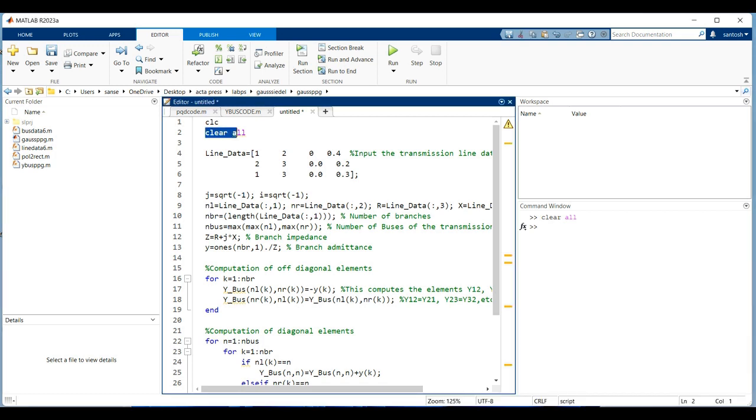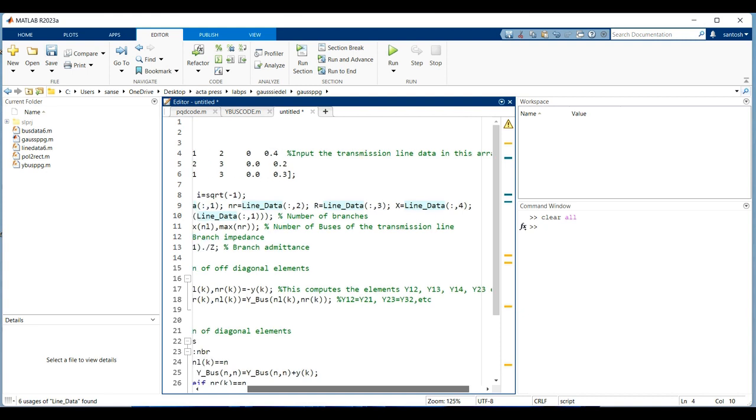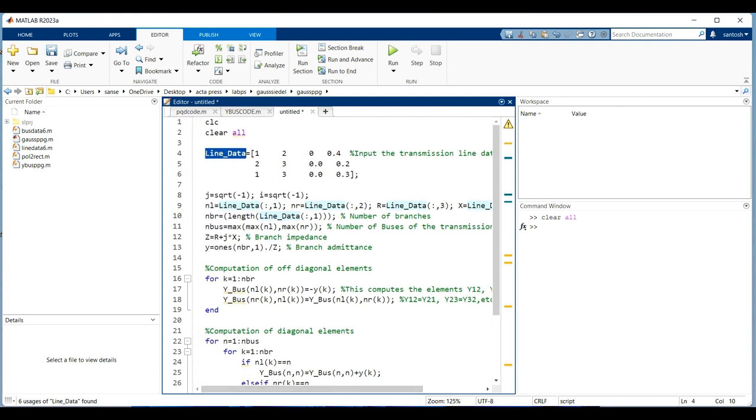First, we will write clc and clear all. So first we have to give the line data value. Line data is the branch information, and the impedance values, so R and X values. For the branch between bus 1 and 2, R value is 0 and X value is 0.4.